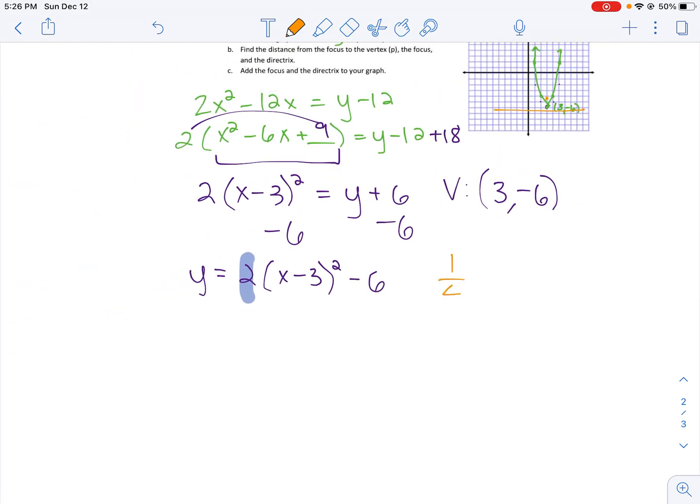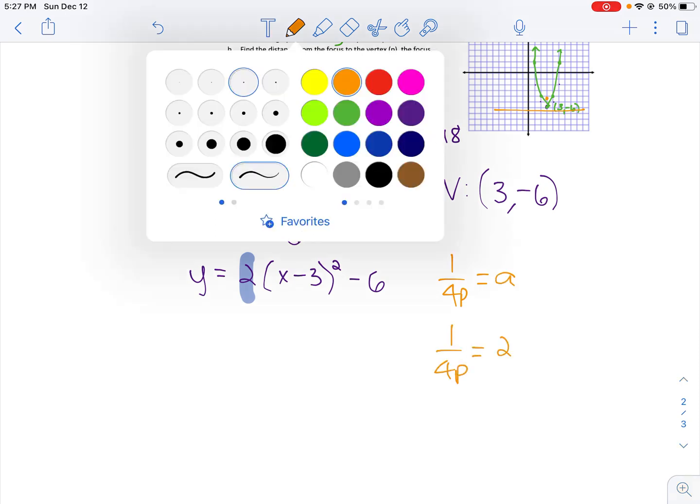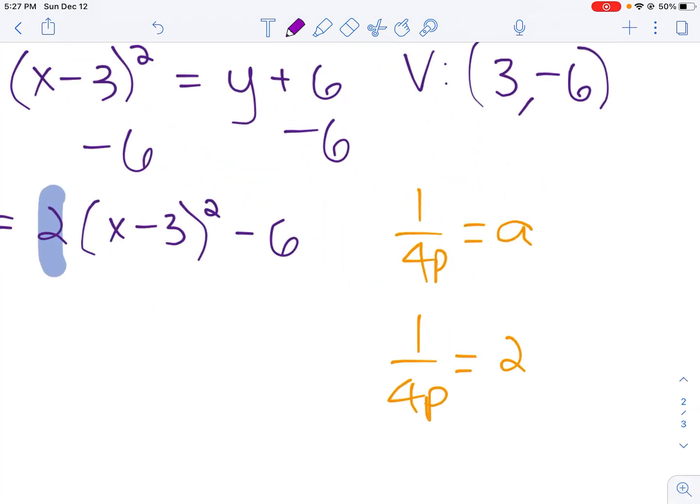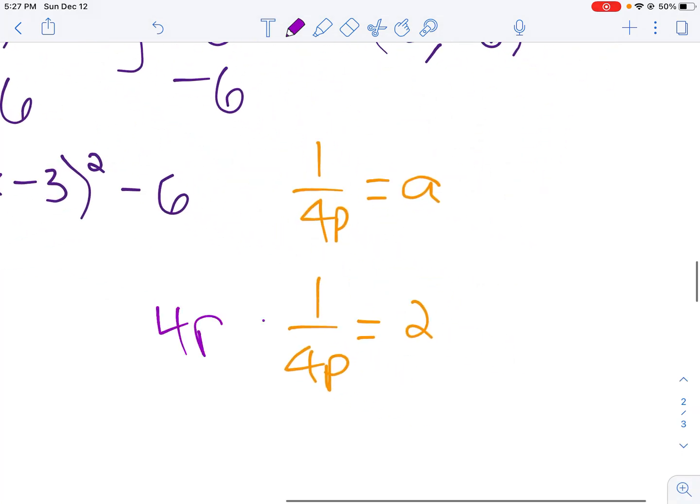So 1 over 4p is equal to A, the dilation. 1 over 4p in this case must be equal to 2. So I can go ahead and multiply both sides by 4p. So I'm going to get 1 equals 8p. So p equals an eighth.